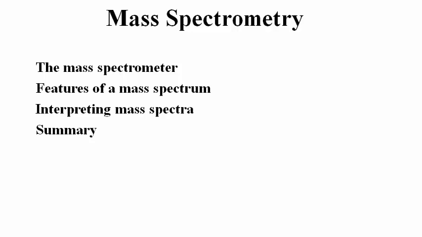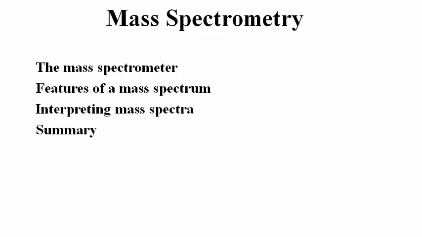In this lesson, we're going to be looking at mass spectrometry. This is spectrometry, not spectroscopy. The outline of this lesson is to talk about the mass spectrometer, the instrument itself, then different features that you'll see in the spectrum, the data that you output from the instrument, how to interpret that spectra, and then go over a summary.